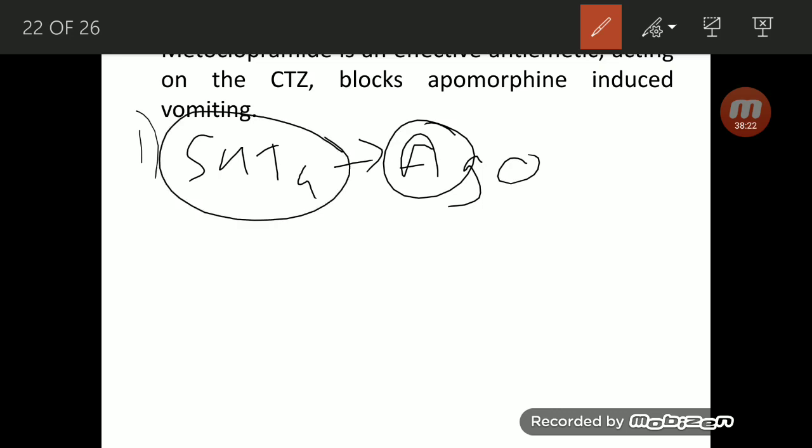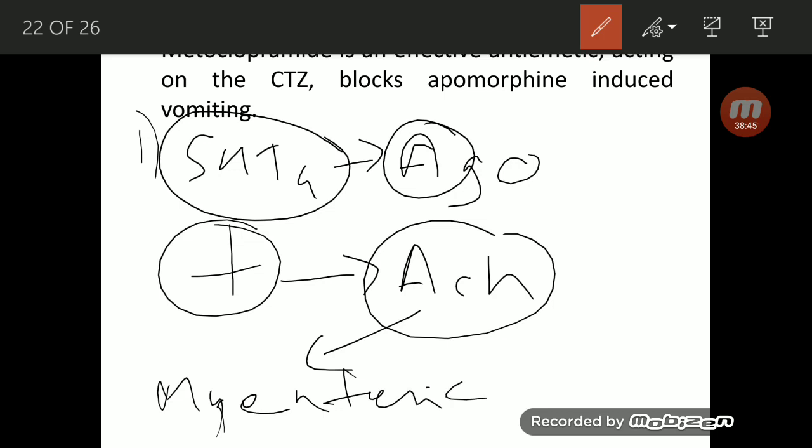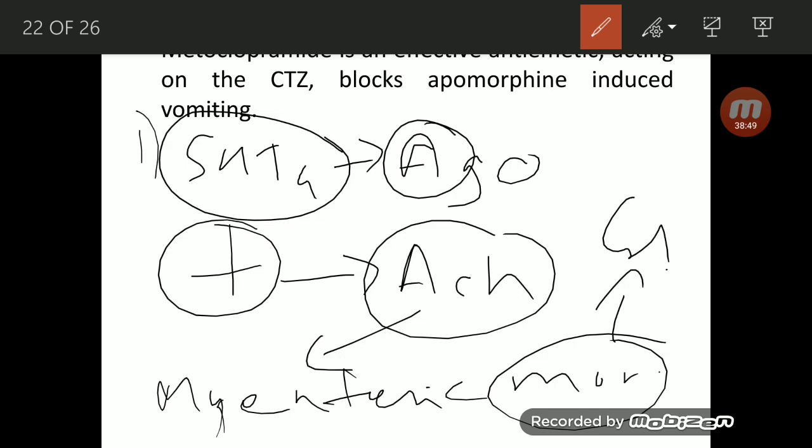It goes and acts on 5-HT4. How this helps in increasing peristaltic movement is that activation of your 5-HT4 receptor will cause release of acetylcholine through the myenteric motor neurons into your GI tract.